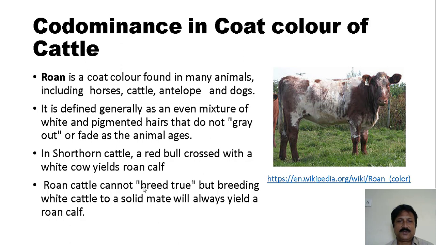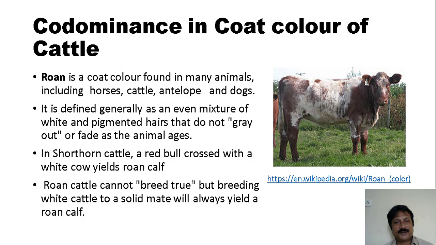For example, in shorthorn cattle, a red bull, meaning red coat color, when crossed with a white coat color cow, yields a roan coat color calf. It may look like a blended skin color, like an intermediate color, but if you see very carefully, you will find alternating separate hair colors.